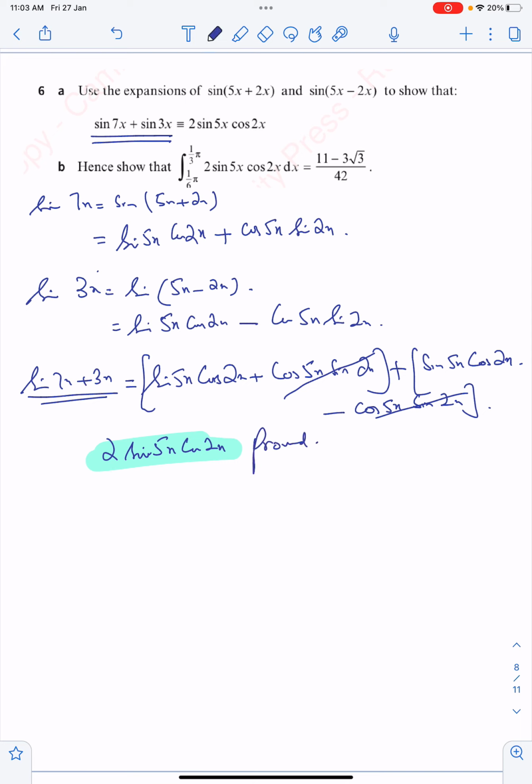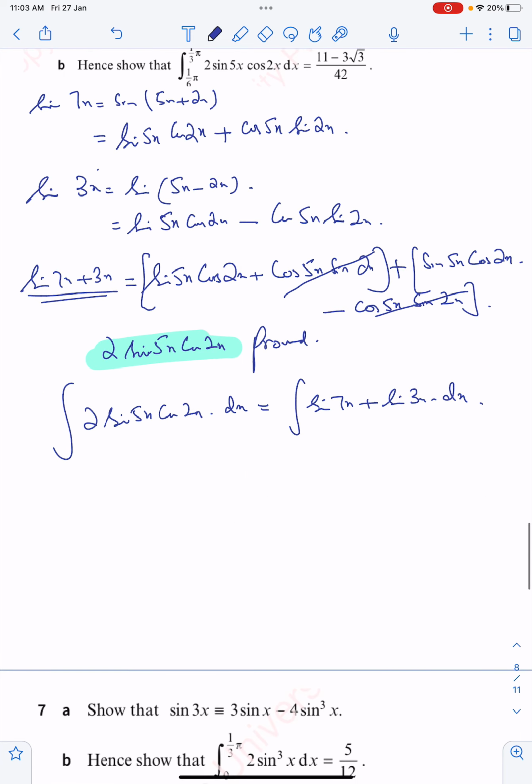Hence, show that 2 sine 5x cos 2x is equal to this. Now we know that this is actually the result of this thing. Okay, so I can write integration of 2 sine 5x cos of 2x dx is equal to integration of sine of 7x plus sine of 3x dx.